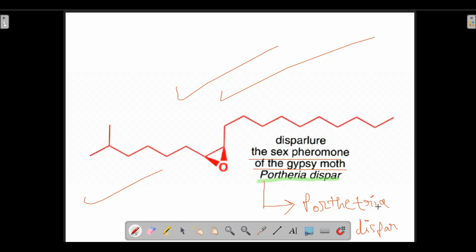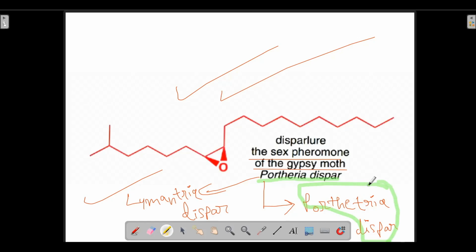Porthetria dispar is the right spelling, and we can also call it Lymantria dispar. This is also an accepted name. So Porthetria dispar is one accepted name, and Lymantria dispar is another accepted name.